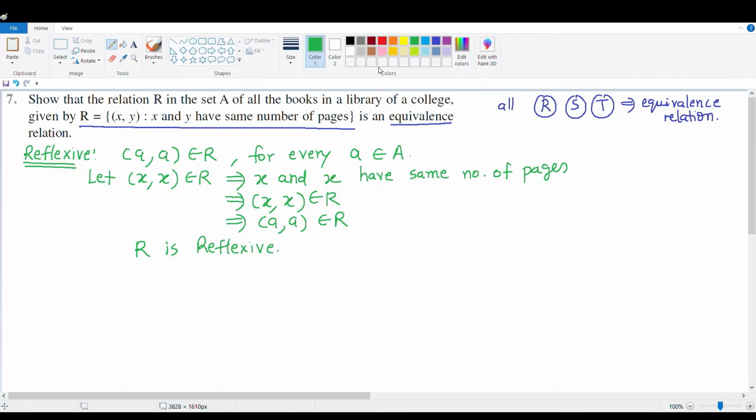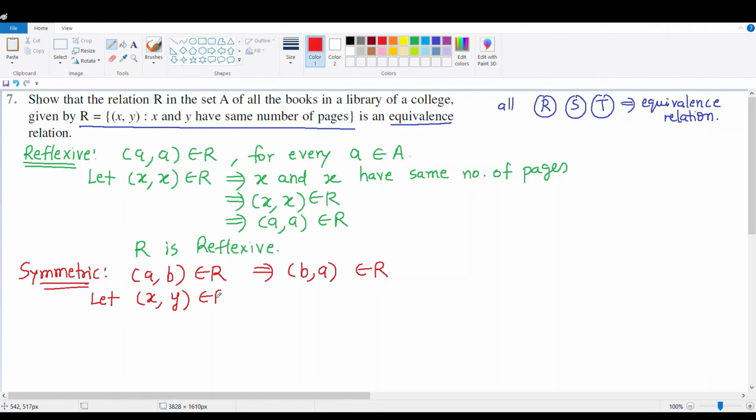Now we are going to start working on symmetric. Now the symmetric definition is what? That if you have (a, b) belongs to R, then you must have (b, a) belongs to R. Now let (x, y) belong to R. So if (x, y) belongs to R, that means x and y have the same number of pages.